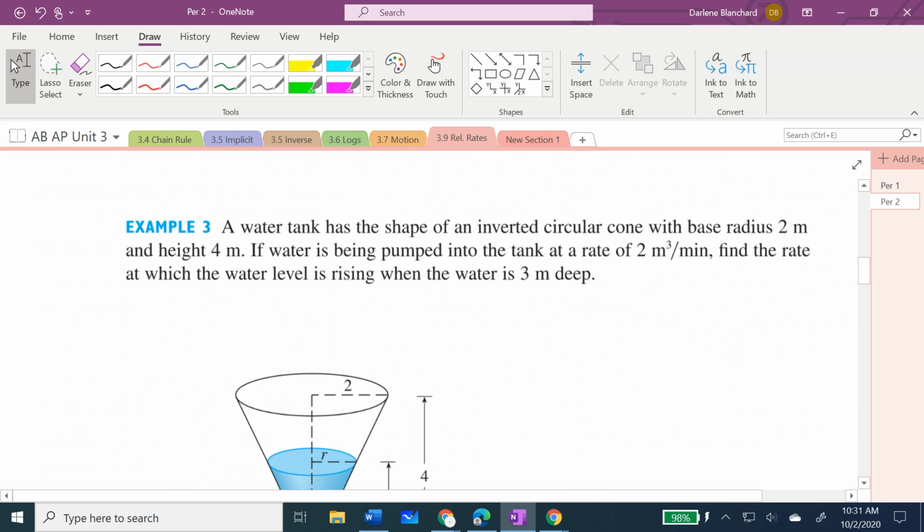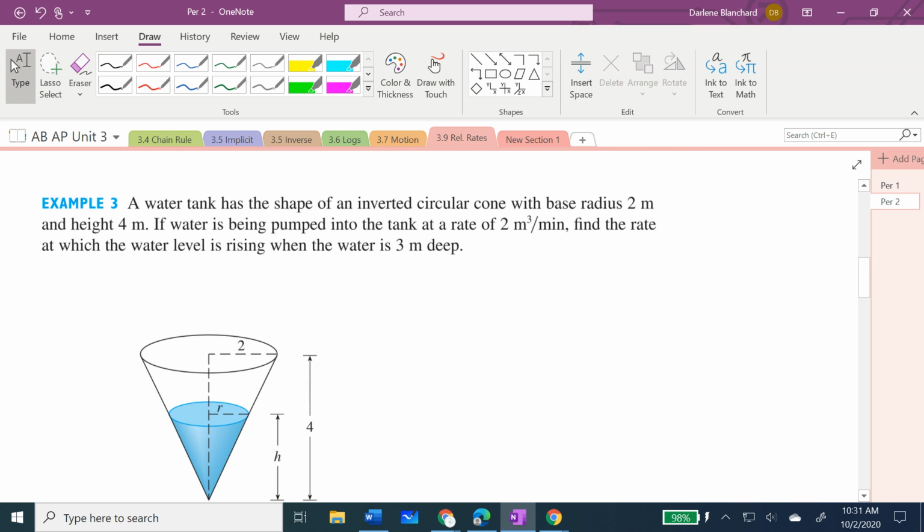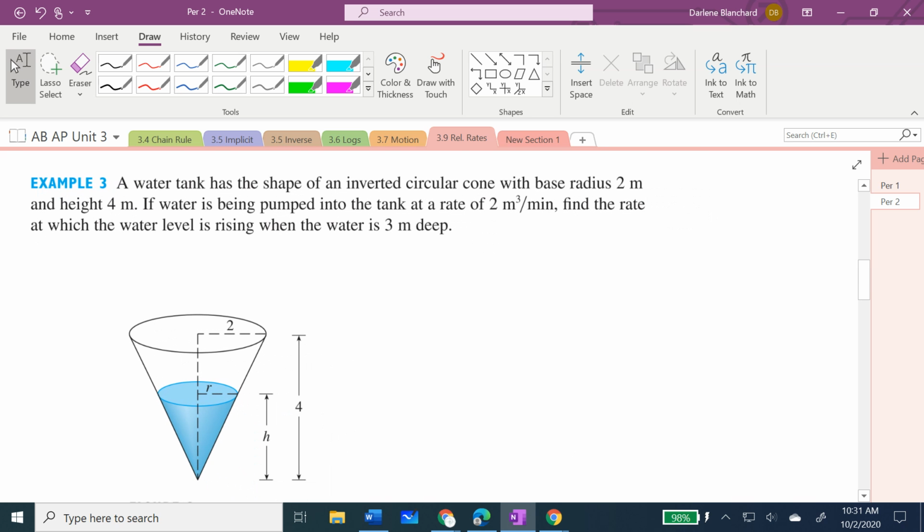The infamous water tank. And it is an inverted circular cone. They need to do inverted circular cones at times because there's a special geometry property that they expect you to recognize. Now, for starters, let's read the problem.